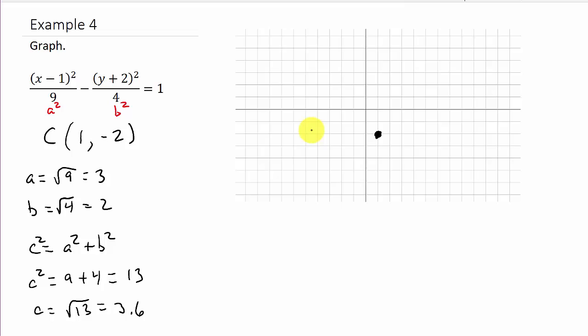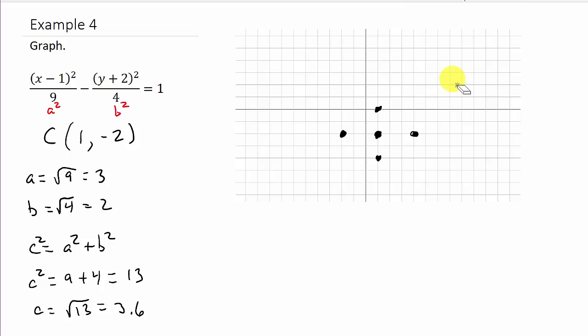It's just like when it's at the origin. It's just the center's been moved. So we're going to go 1, 2, 3. We'll go 1, 2, 3. And then the b term is 2. It's under y, so that tells us how we move up and down. So we'll move 2 units up, 2 units down.